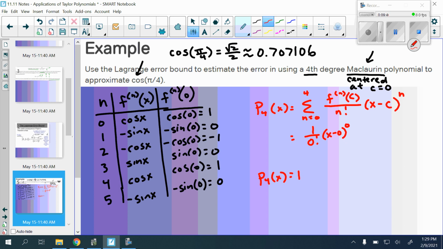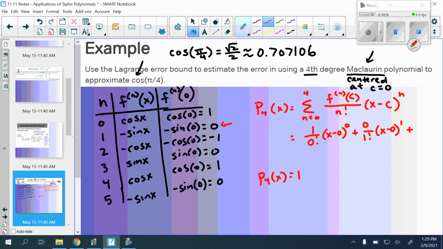All right, our next term is the first power. So now we got 0 would be our top, our derivative here at that over 1 factorial x minus 0 to the first, but because there's a 0 there, it doesn't matter. All that's just going to be equal to 0.